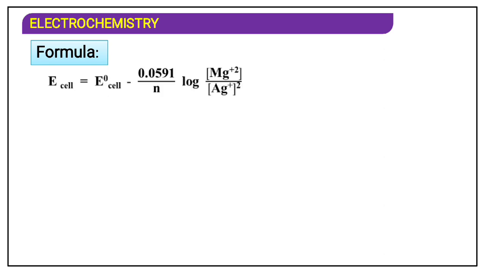This is the Nernst equation: E cell is equal to E naught cell minus 0.0591 divided by n log of the concentration of the products divided by the concentration of the reactants.